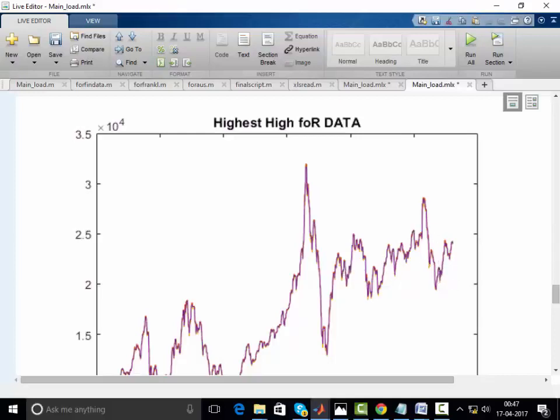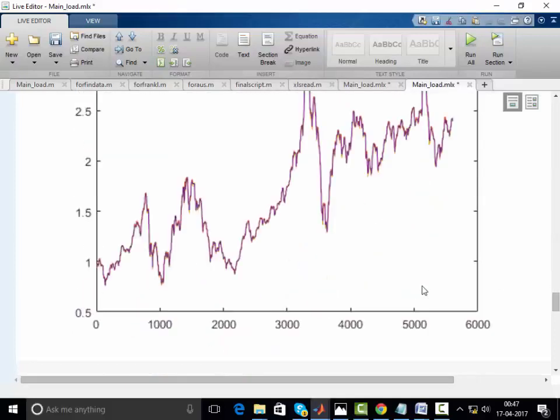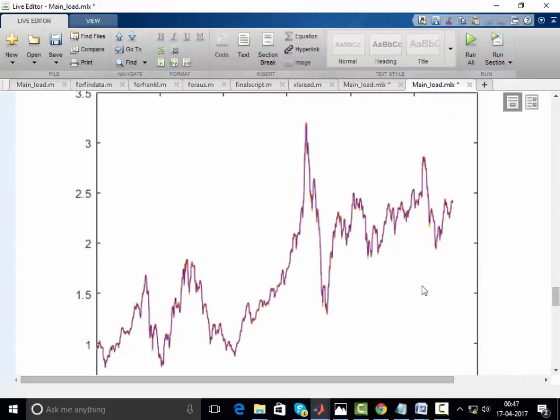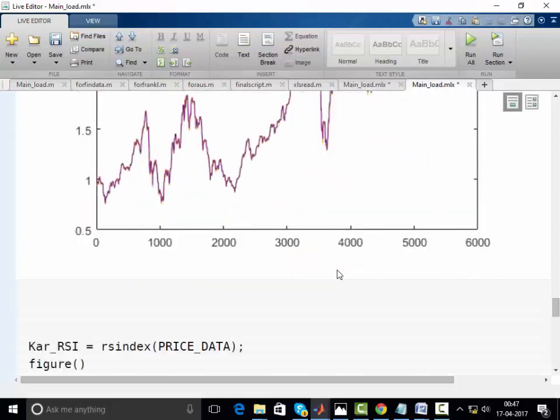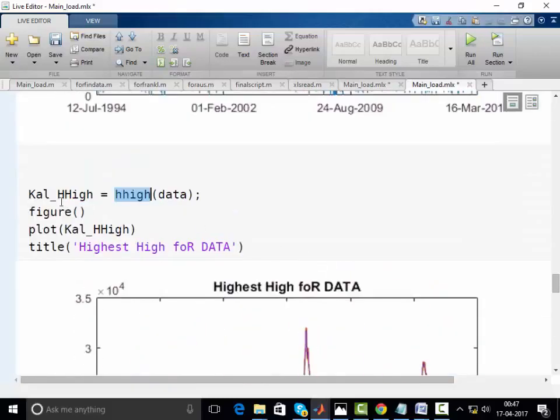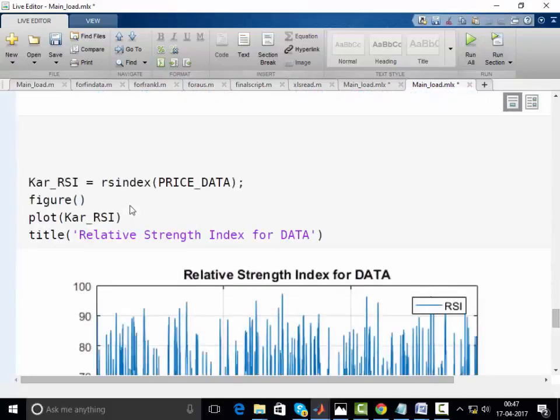And in the futuristic idea, in the next section of the video, I'm going to show you when the market is going to achieve its maximum volatility and what is the right time to do the investment. Okay, that is a part of machine learning, not this. So this is the section where I'm showing you how you will be able to analyze your data.